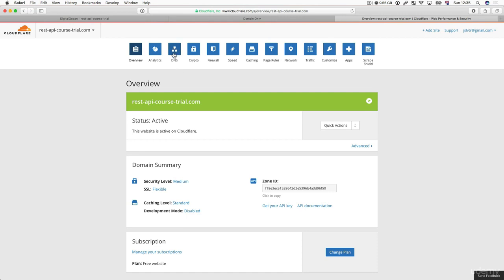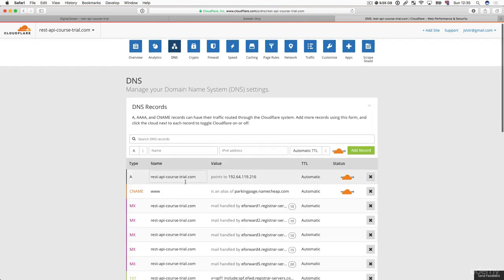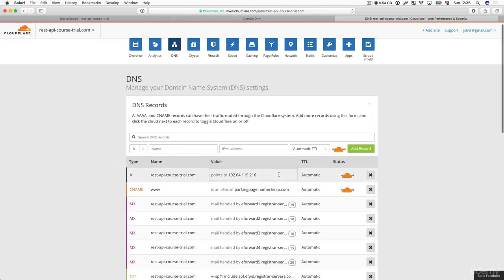And in our DNS settings, which we can go up here to, we have defined that IP address. Whenever we go to one of those two name servers, they will know, okay, a record exists for REST-API-CourseTrial.com, and they'll give the browser this IP address.